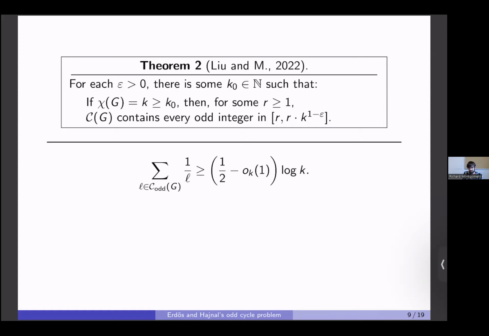So for example, if the graph G is a complete graph, then we'd expect r to be very low, and you could find every odd integer from 3 up to 3 times this k, and the k will be large then. But if you take a sparser graph, such as the Erdős probabilistic constructions, you'll come up with graphs with n vertices and chromatic number k which don't have any short cycles, so this r will need to be at least log n.